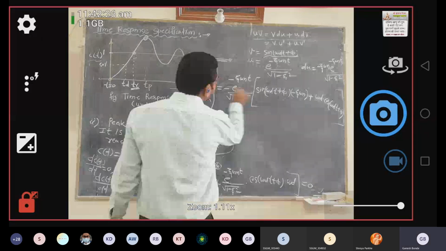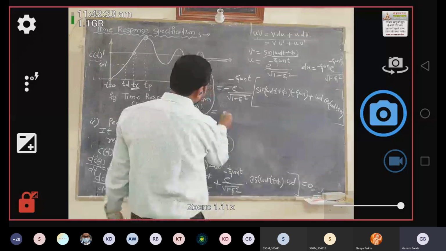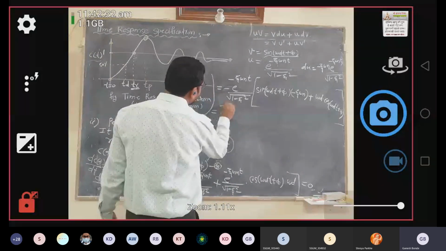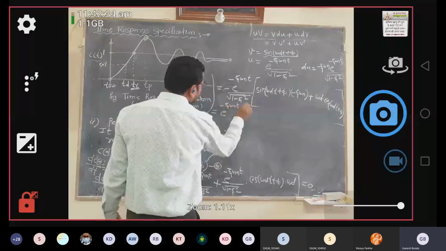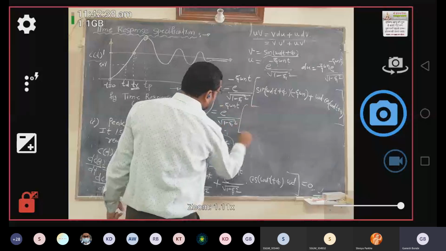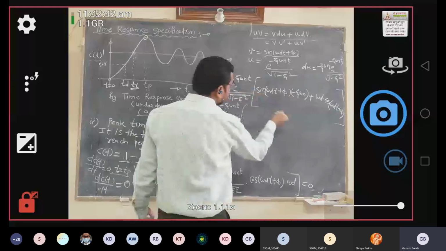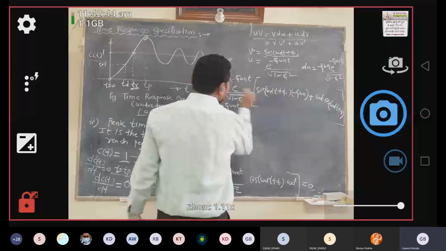So if you multiply this minus sign by the whole bracket, what are we getting? Here we are getting e raised to power minus zeta omega nt upon square root of 1 minus zeta square. If you multiply by the minus sign, this minus and this minus become plus, and this plus and this minus become minus.